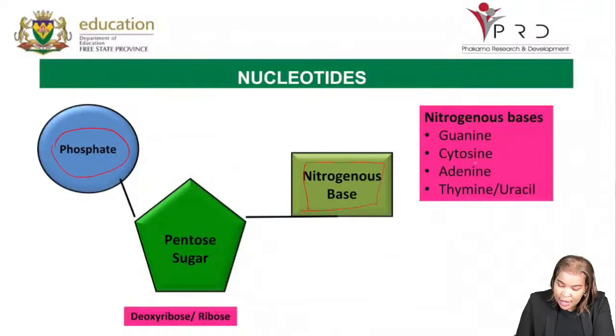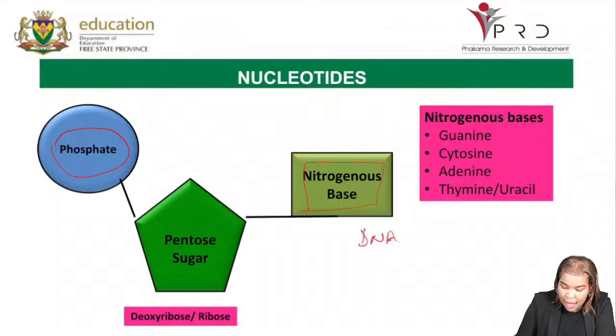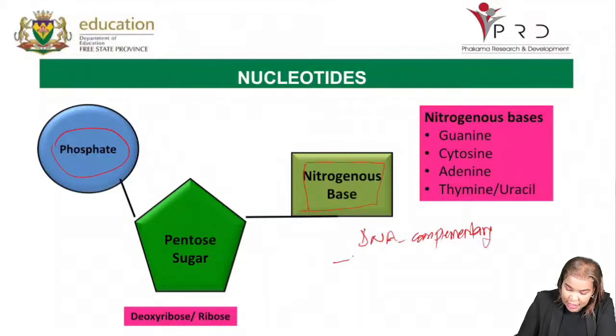And in DNA, the nitrogenous bases work in complementary base pairs. What do we mean by that? If a nitrogenous base is coming from this side and it is A, coming from this side it is T, this side is G, this side is C.